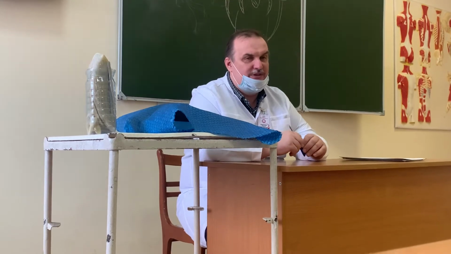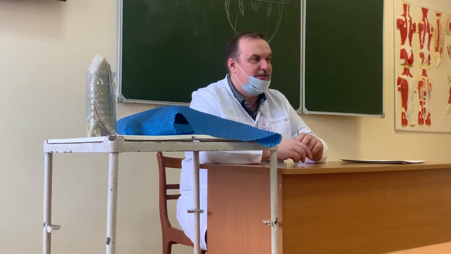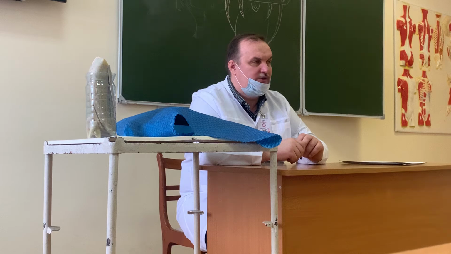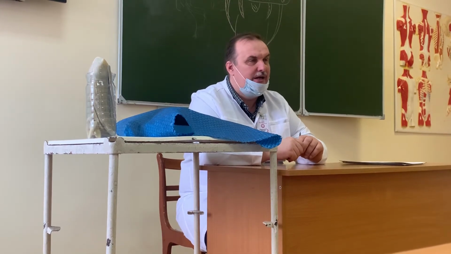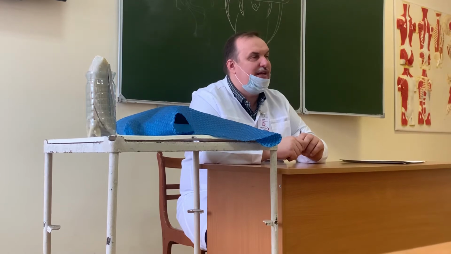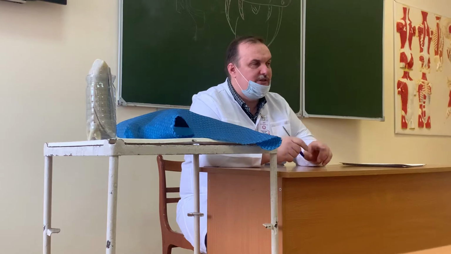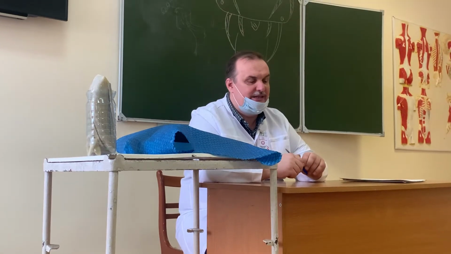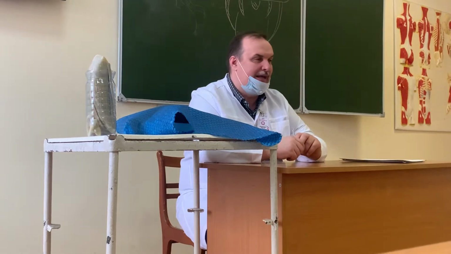Another 3 tonsils are in the nasal part of the pharynx. In the pharynx we also have 3 tonsils. The unpaired tonsil is the pharyngeal tonsil, tonsilla pharyngea, and the paired tonsil is tonsilla tubaria. That is why the total number of tonsils is 6. That is the lymphoid ring of Pirogov and Waldeyer.